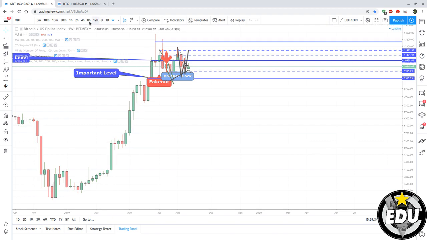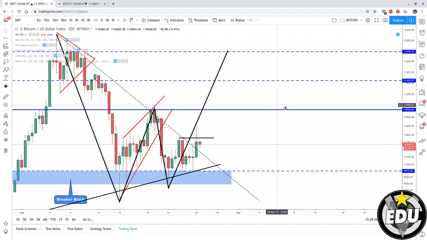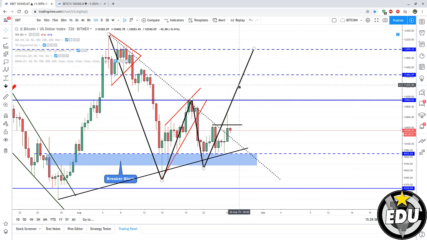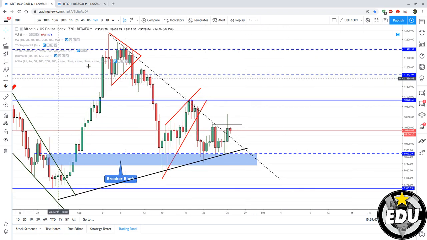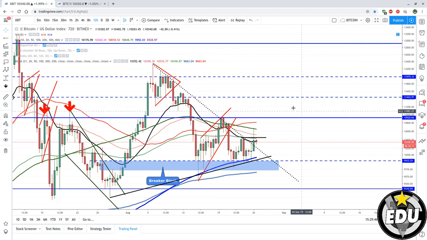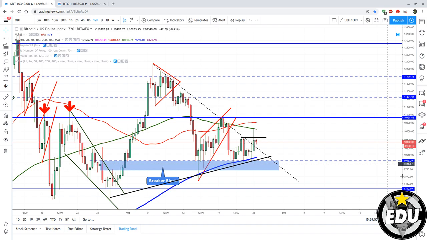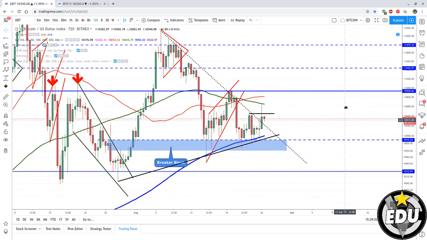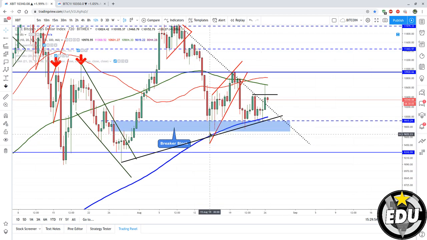I usually skip the 12 and 8 hours, but let's have a look. When it comes to moving averages, I usually use the EMAs and the MAs, not at the same time, sorry, I evaluate them one after the other. And on the 12 hours, we are bouncing on the 200 moving average right now.